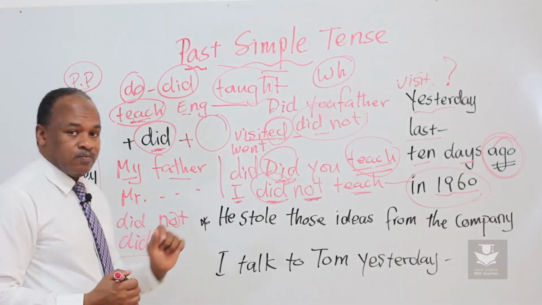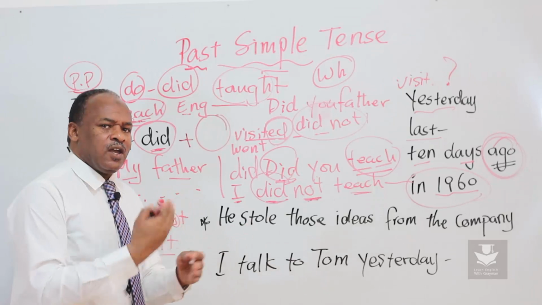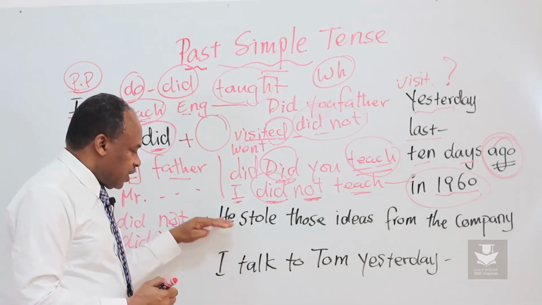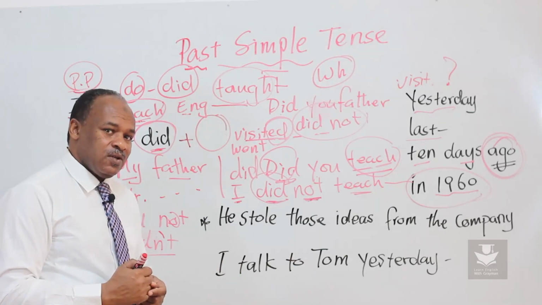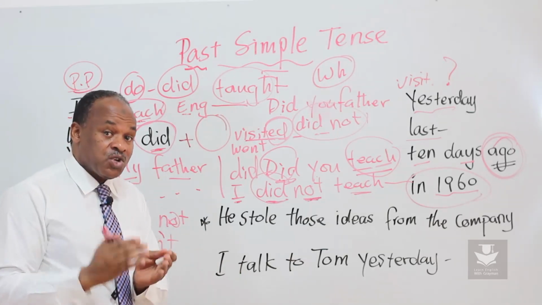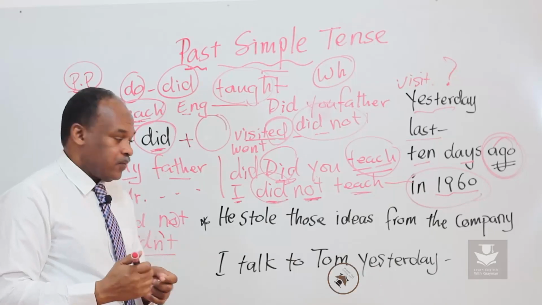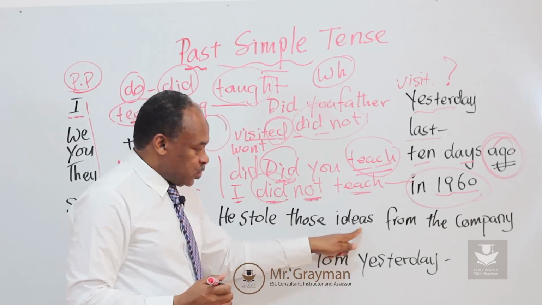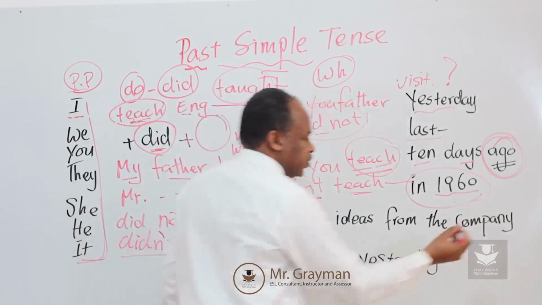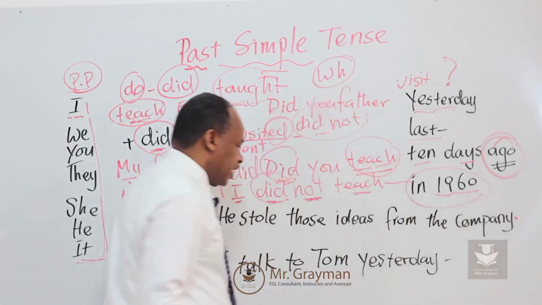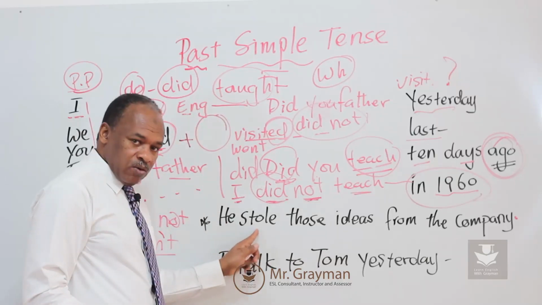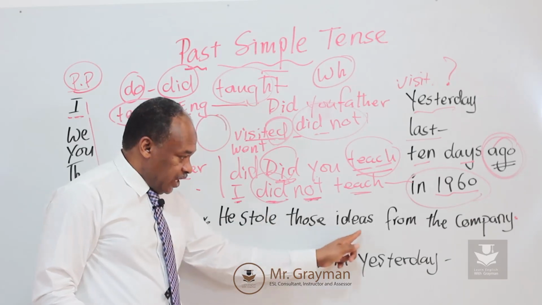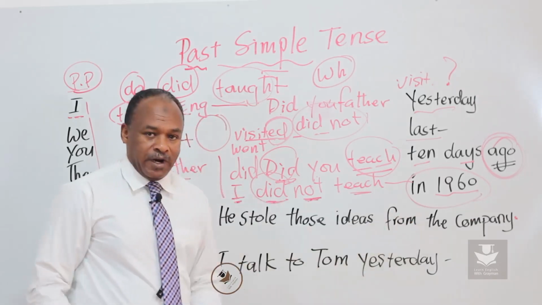Okay, we're going towards the end of the video. I'm going to just make some practice by looking at these two sentences. Check your comprehension. Comprehension means your understanding. He stole those ideas from the company. Full stop here at the end of the sentence. Look at it again. He stole those ideas from the company.